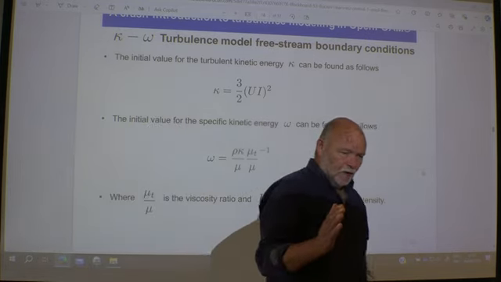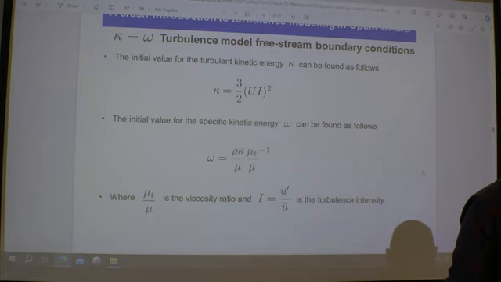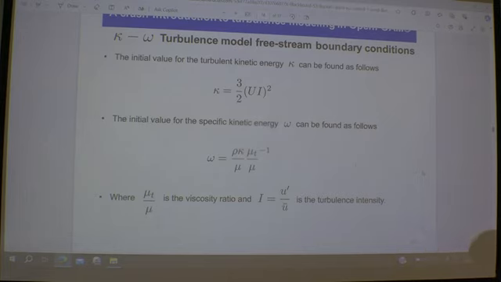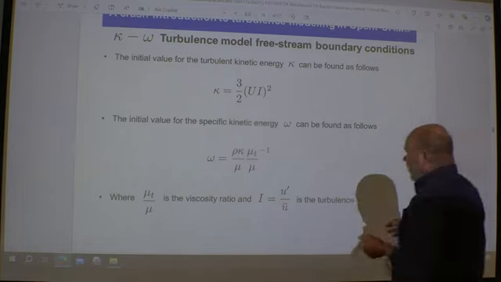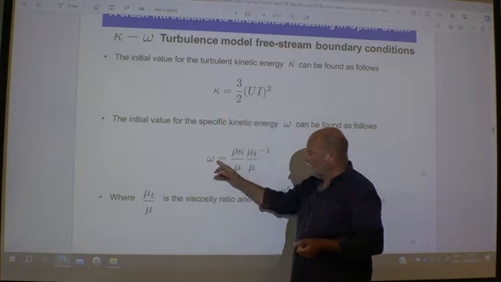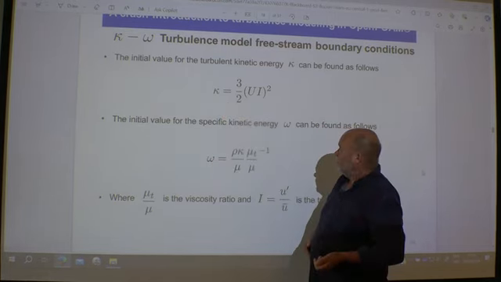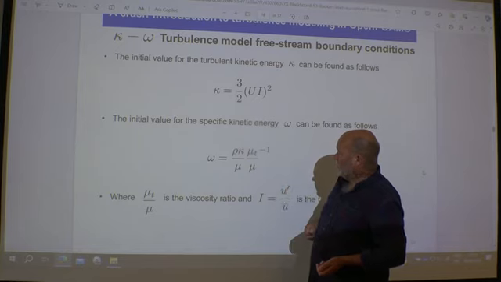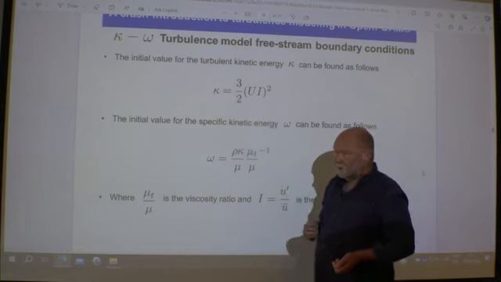You have an opening, an inlet, sending in a velocity or something. But you have to send in something with these turbulent quantities. What is K at the inlet? What is omega at the inlet? You have to put some numbers there. So at least you can get some estimate here, and at least a place to start.